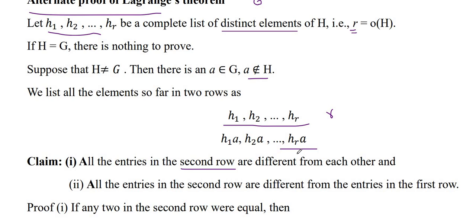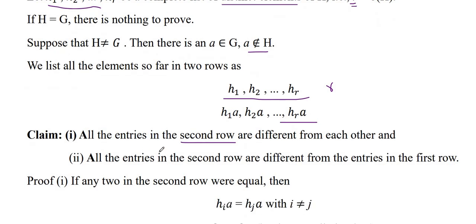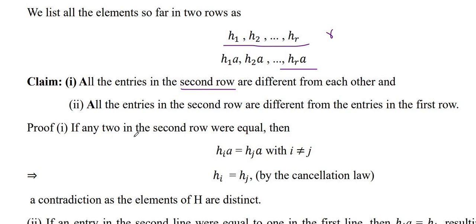So all are going to be established. Now if any 2 in the second row are equal, say, that means H_iA is equal to H_jA with i not equal to j. Then by the right cancellation law, we have H_i equal to H_j. But we know pretty well that the elements in the first row are distinct. So that means we get a contradiction. And therefore the first subdivision holds.